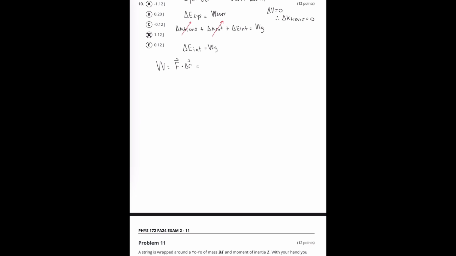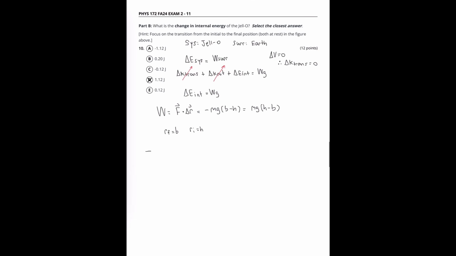So we have minus mg times our final position, which is b, and our initial is h. So we have b minus h, which can also be written as mg times h minus b. It's equivalent.